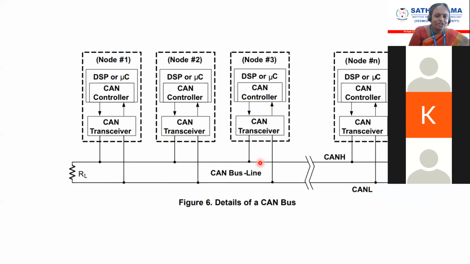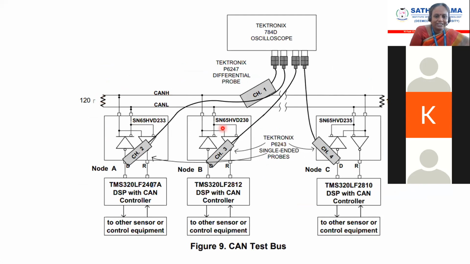And I have told you how we connect the CAN bus. We have only two lines, CAN low and CAN high. You can see this is an impedance connected with it, and the CAN transceiver, CAN controller, any microcontroller or DSP controller will be used. This is how they connect through the microcontroller to the CAN bus.